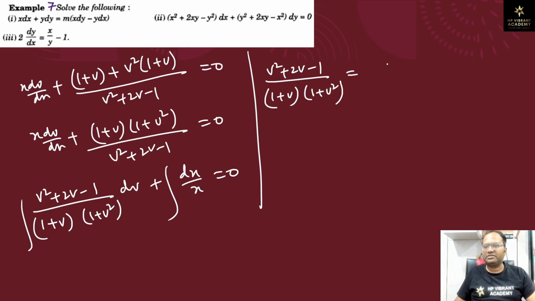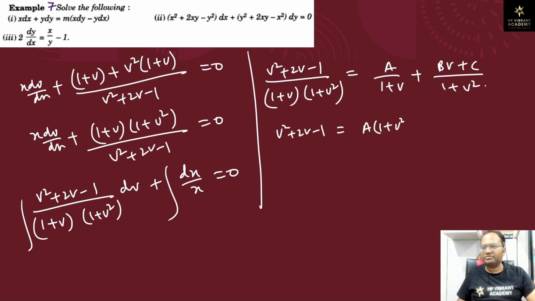This we can write as a upon (1 plus v) using partial fraction plus (bv plus c) upon (1 plus v square). So we have v square plus 2v minus 1 is equal to a times (1 plus v square) plus bv (1 plus v) plus c (1 plus v).